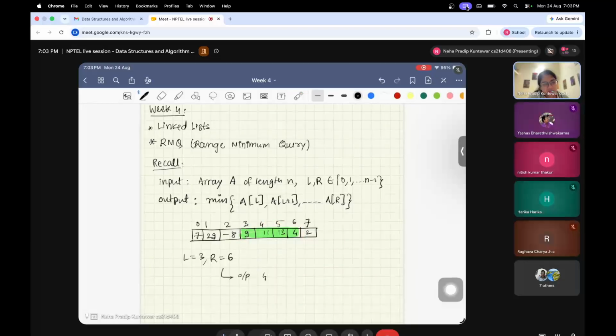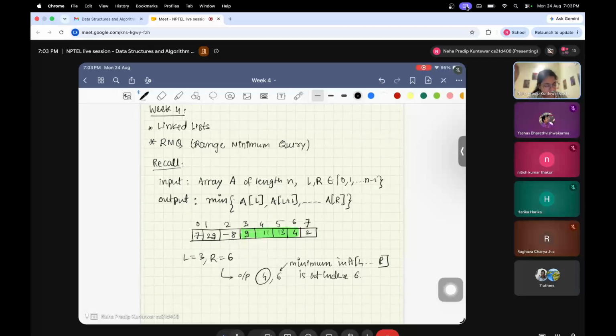Or one modification that you can think of is, don't just output the minimum element, output the index as well. So in that case, you will output that the minimum in A[L to R] is at index 6. That is one modification you can think of.